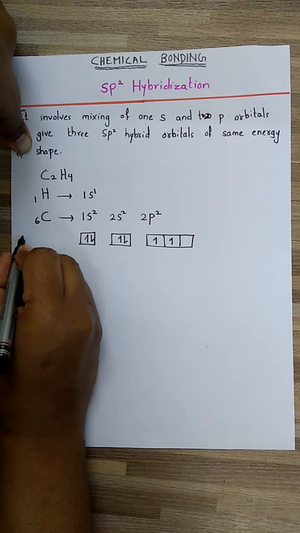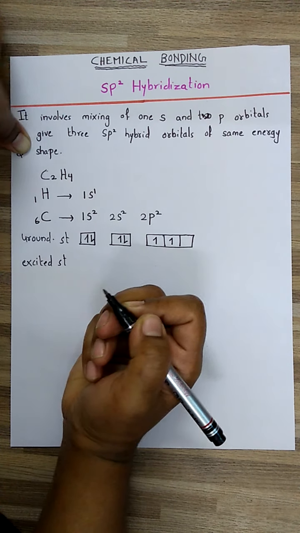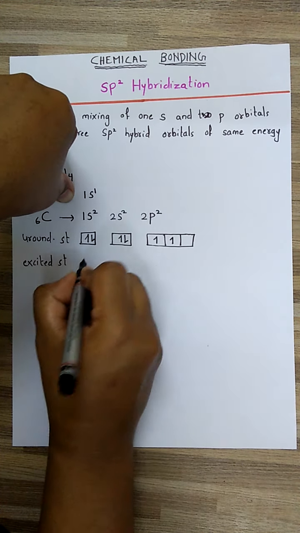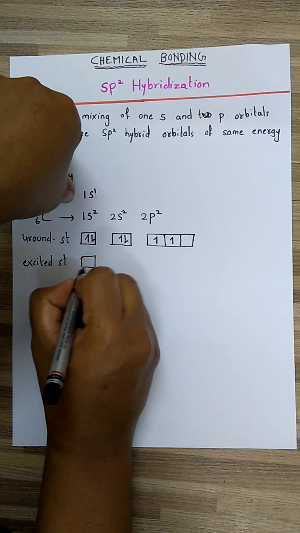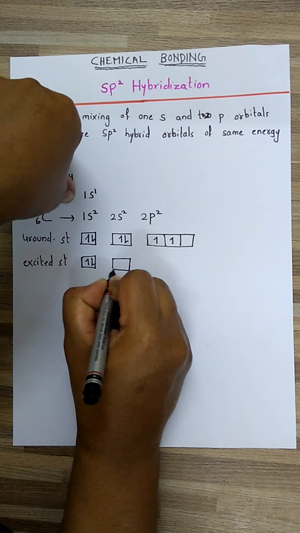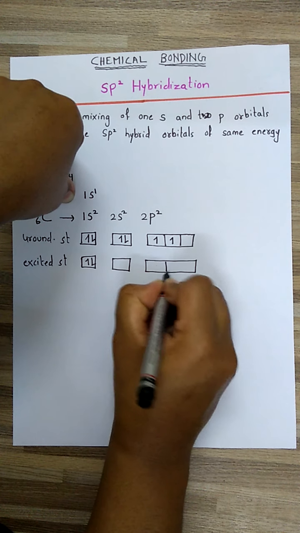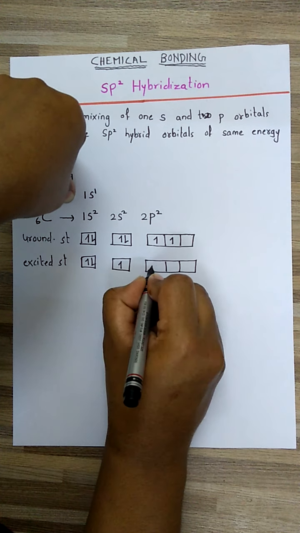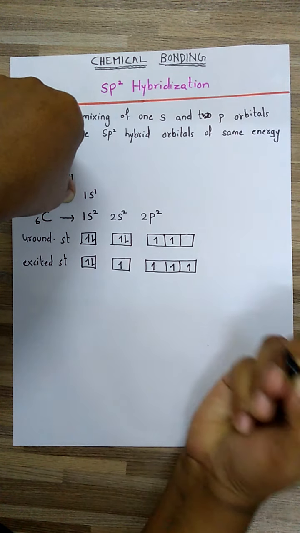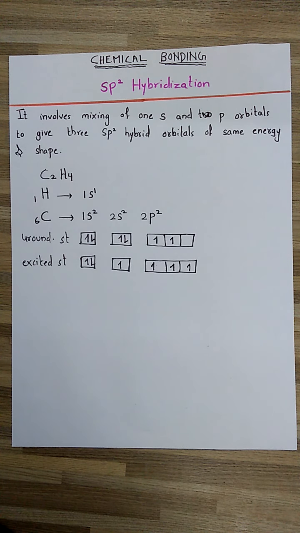This was the ground state, and in the excited state the inner orbital remains as it is, and in the valence shell one of the electrons from the 2s orbital undergoes promotion, and in that way we will have 4 unpaired electrons. So this explains the tetravalency of carbon, why carbon has 4 unpaired electrons and how it can form 4 bonds.